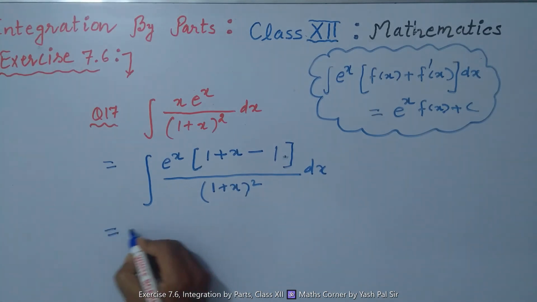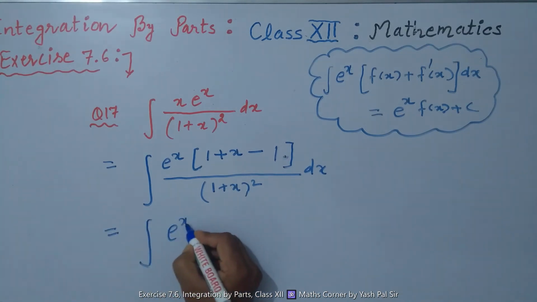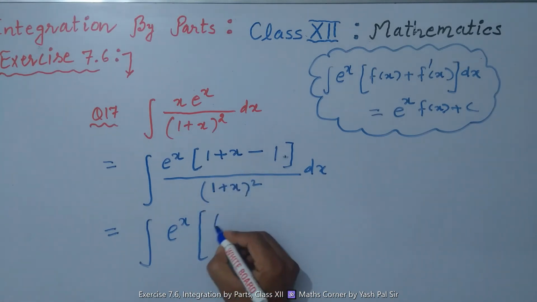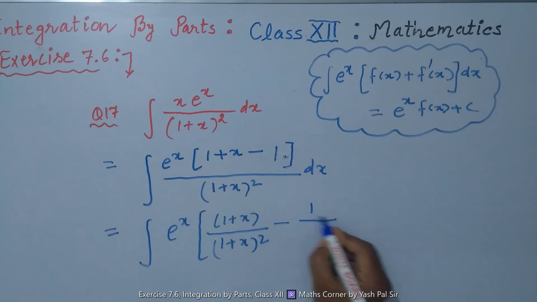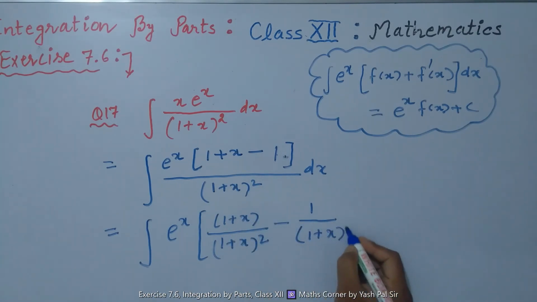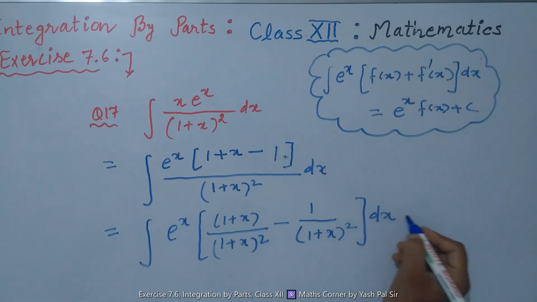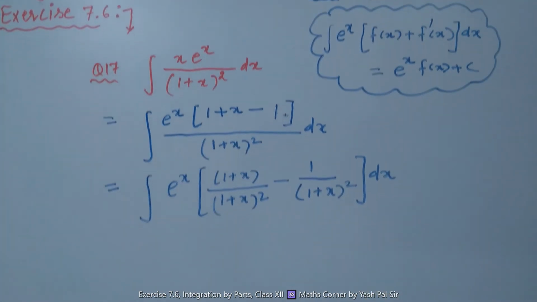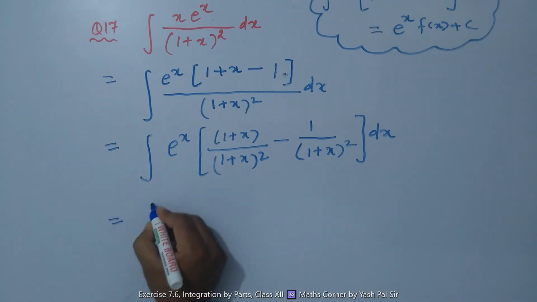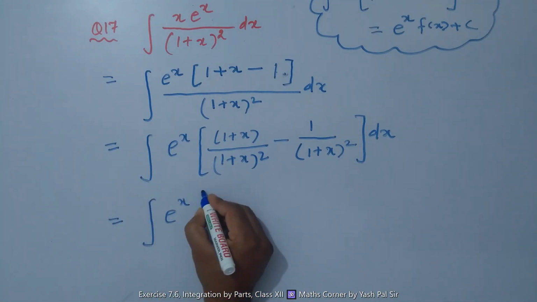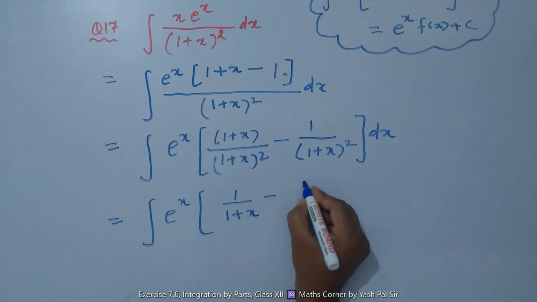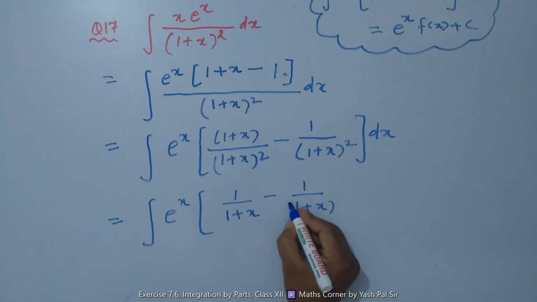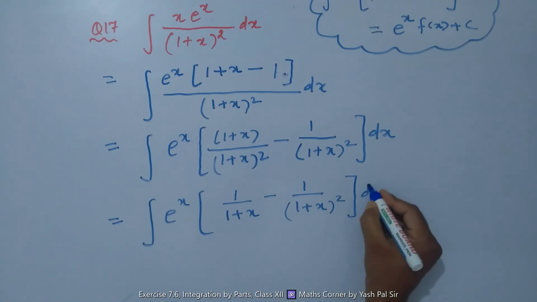So in the next step, this can be written as e power x into 1 plus x divided by 1 plus x whole square, minus 1 upon 1 plus x whole square, into dx. Next, this can be written as e power x into 1 upon 1 plus x minus 1 upon 1 plus x whole square into dx.